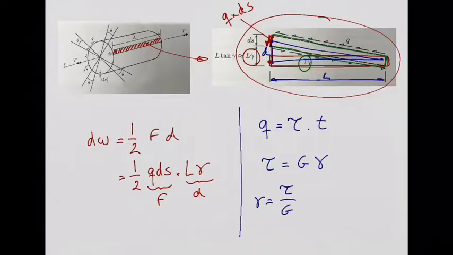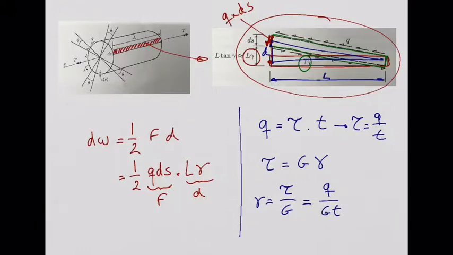This modulus of rigidity is basically the stiffness of the element to shear, a distortional stiffness, let's say. And then if I replace the shear stress, which is q over t, I get this. You all agree with me?